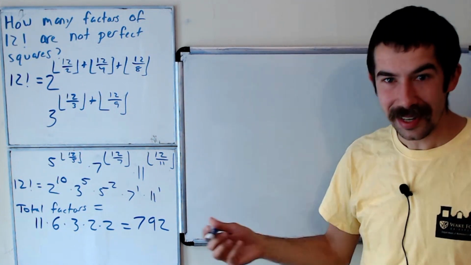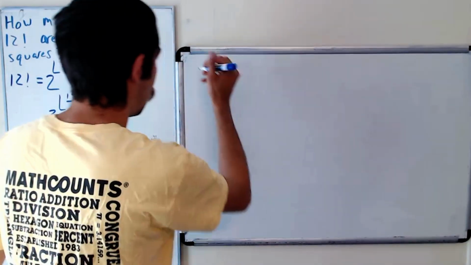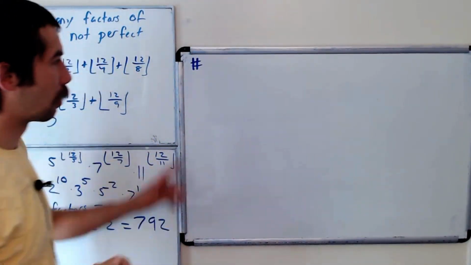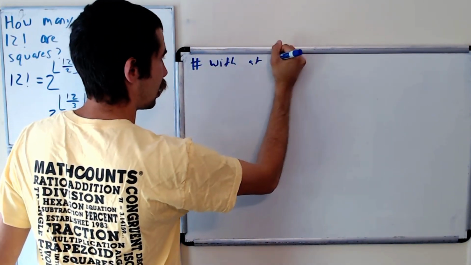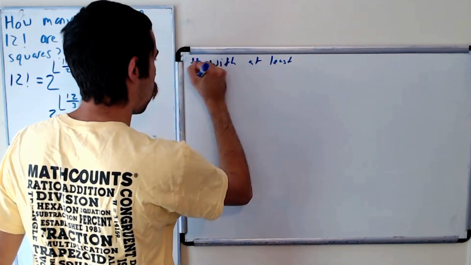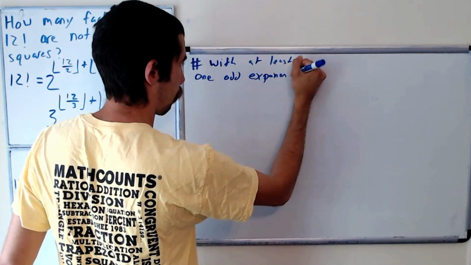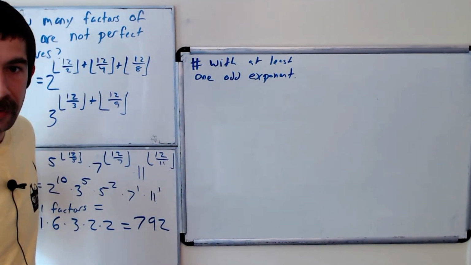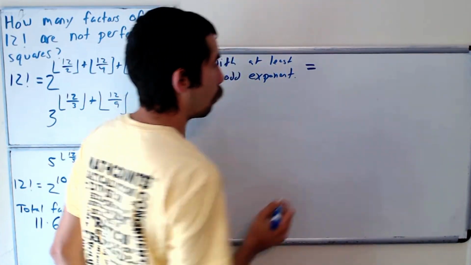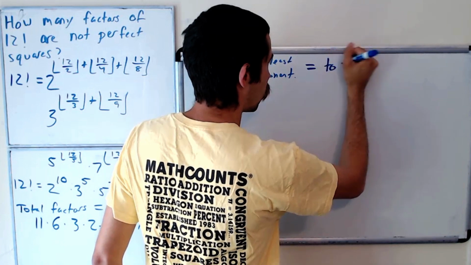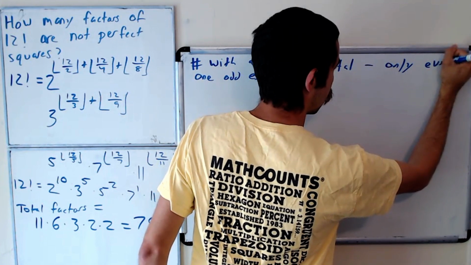So we want to count the number with at least one odd exponent. Right? That's what the question is asking us to count. But that's equal to total minus only even exponents.